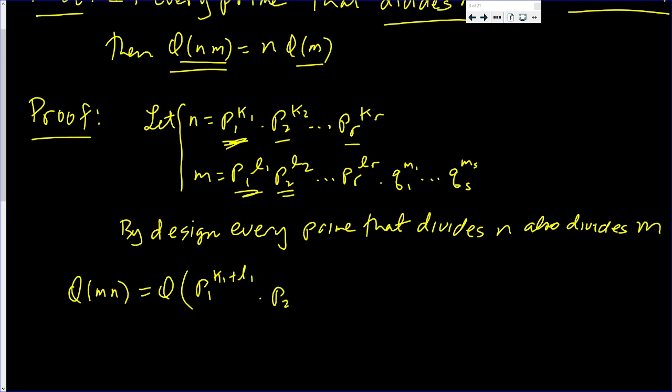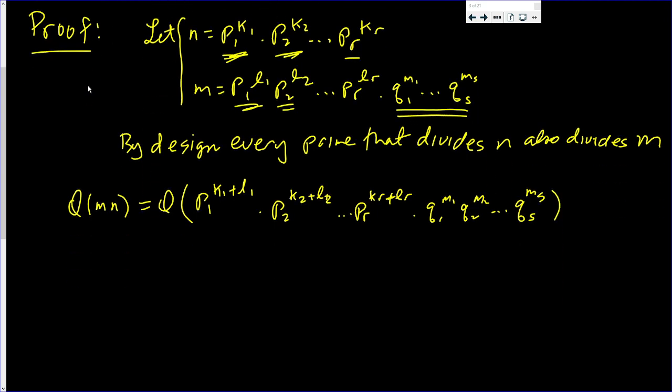Times p2 to the k2 plus l2 all the way up to p sub r to the k sub r plus l sub r, times the q's: q1 to the m1, q2 to the m sub 2, all the way up to q sub s to the m sub s. Now, what does this equal?